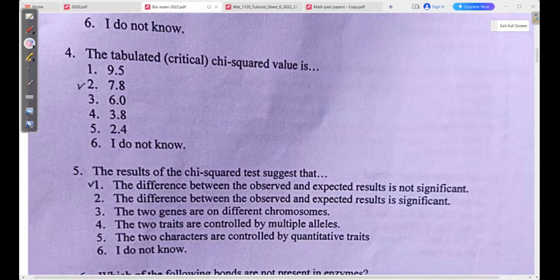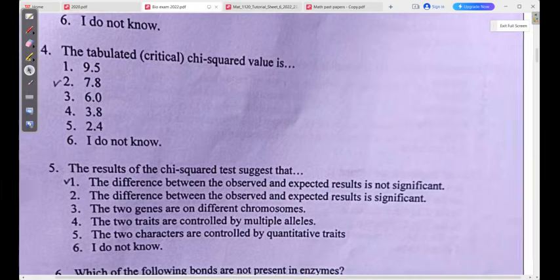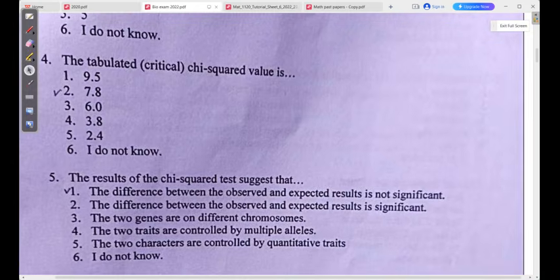Then the last part to this question, which is question 5, reads, the results of the chi-squared test suggest that, so since we have seen that we had the chi-square of 200 and the p-value of 7.8, what does this suggest?